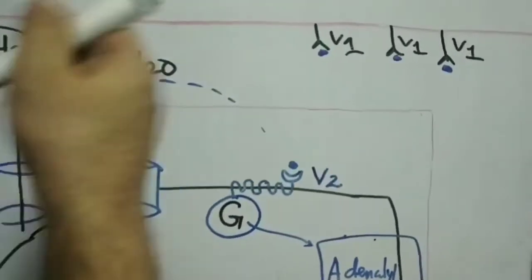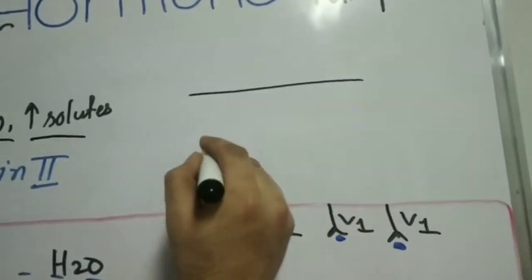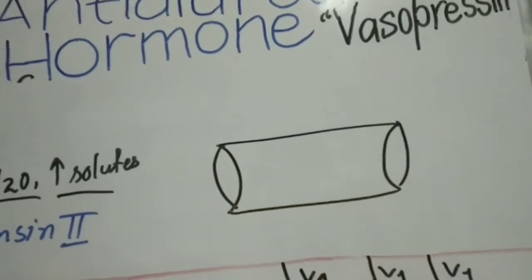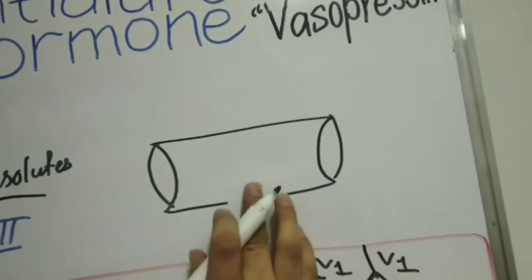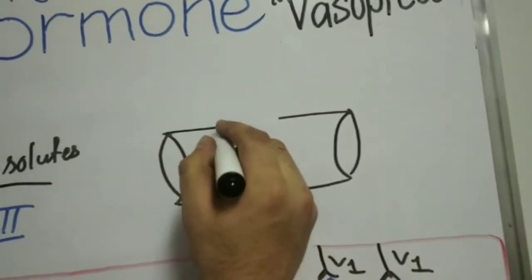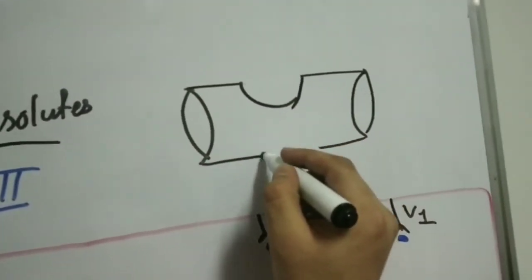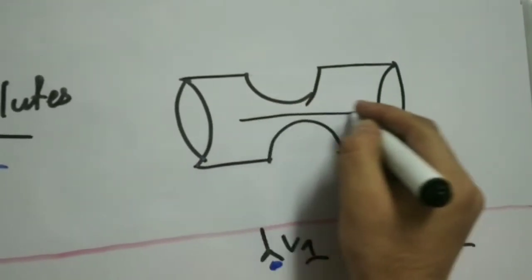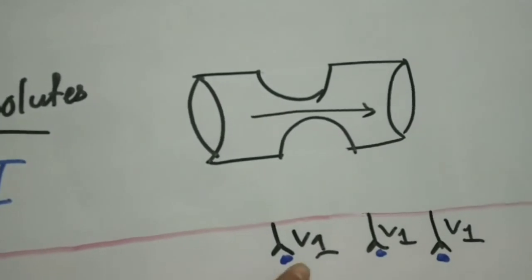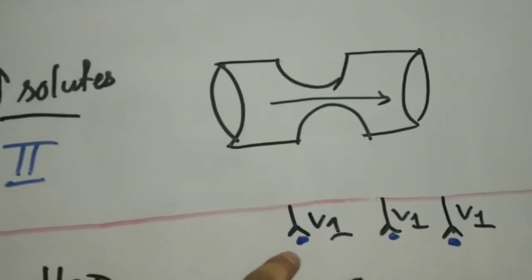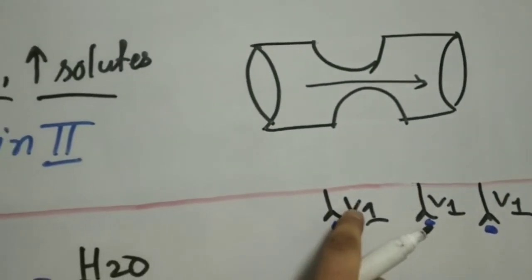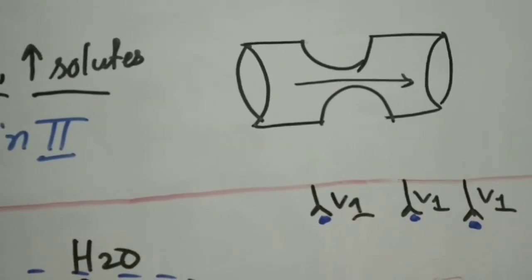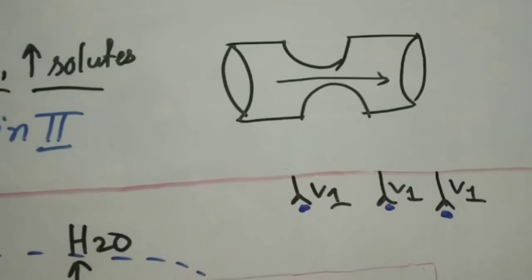If you take this blood vessel, if there is suppose hypotension, if you constrict this vessel, the blood flow through this vessel will increase. Whenever the ADH binds to V1 receptors, the vessel will constrict. There will be increased blood pressure.